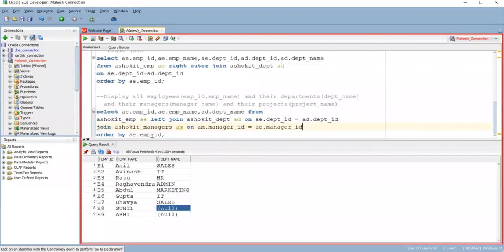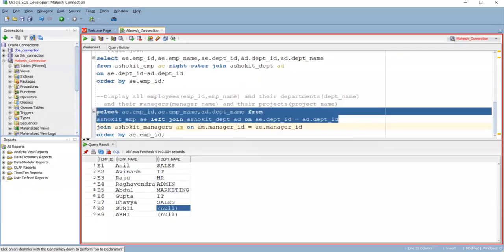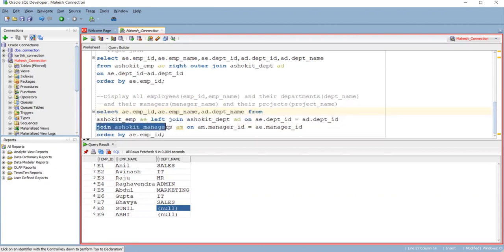Whatever result of the 9 employees we got from the previous join condition, I'm again joining another table, the managers table, on the manager table's manager ID and the employee table's manager ID column.